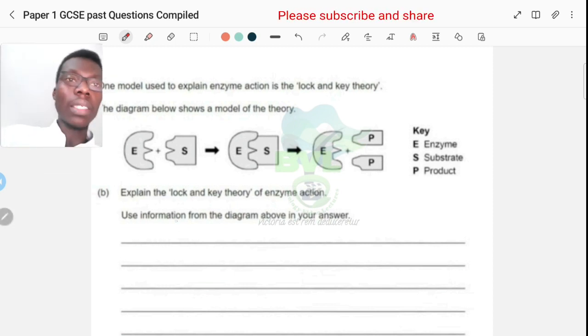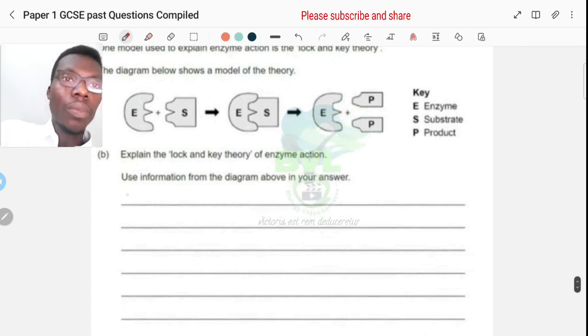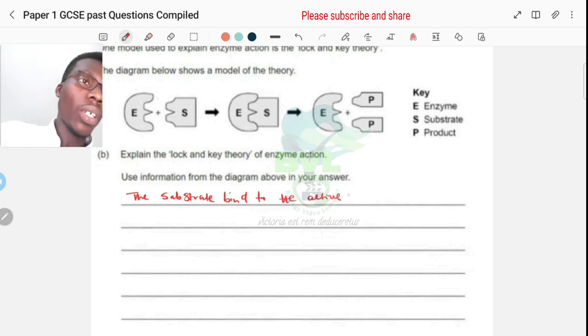Well, we can say that the substrate binds to the active site of the enzyme.